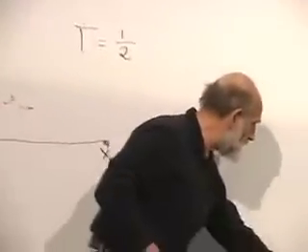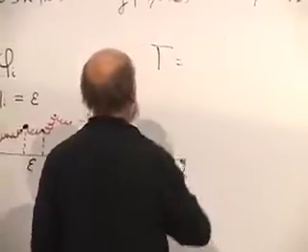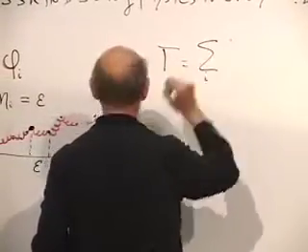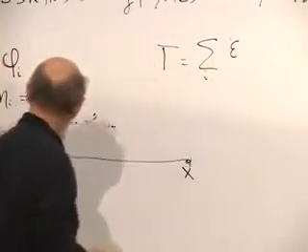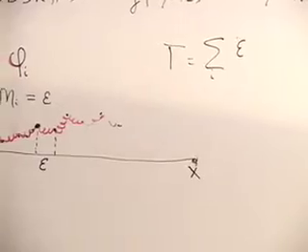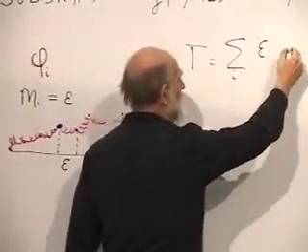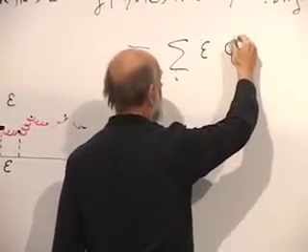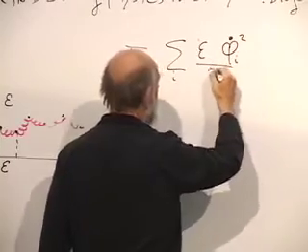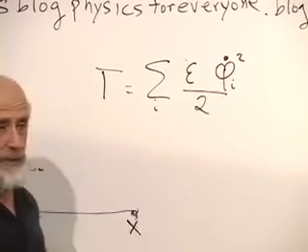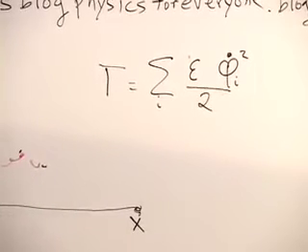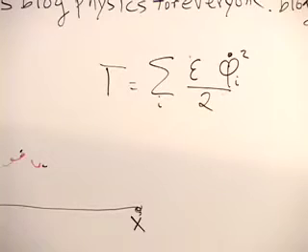We'll eventually have a summation over all the particles, the mass of the ith particle, which is epsilon, and then the square of the velocity, which is, after all, just phi sub i dot squared, divided by 2. 1/2 mass times the velocity squared. That epsilon is in a rather convenient place for later purposes.